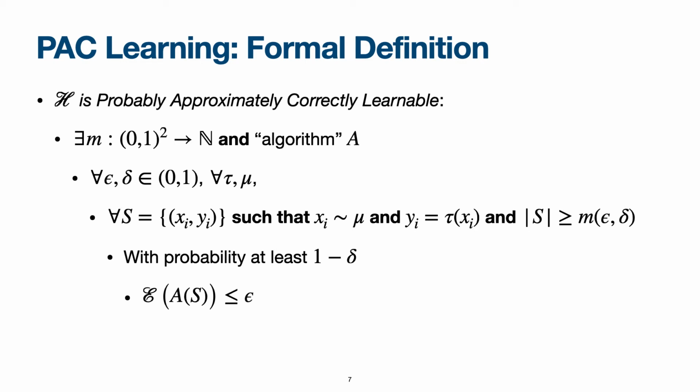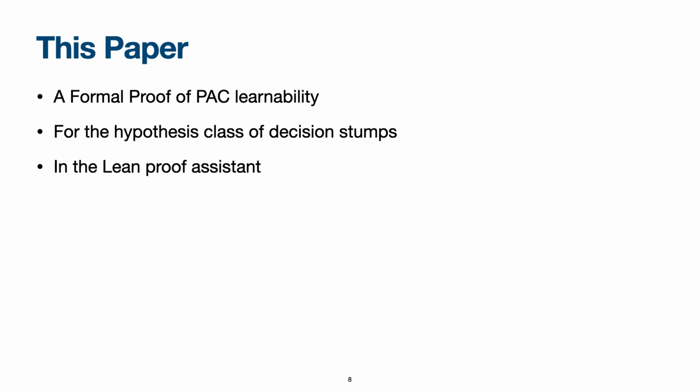So what this is requiring is that for a fraction 1 minus delta of all of the possible data sets that we could sample, data sets of size at least m of epsilon and delta, the error of the resulting hypothesis will be less than epsilon.